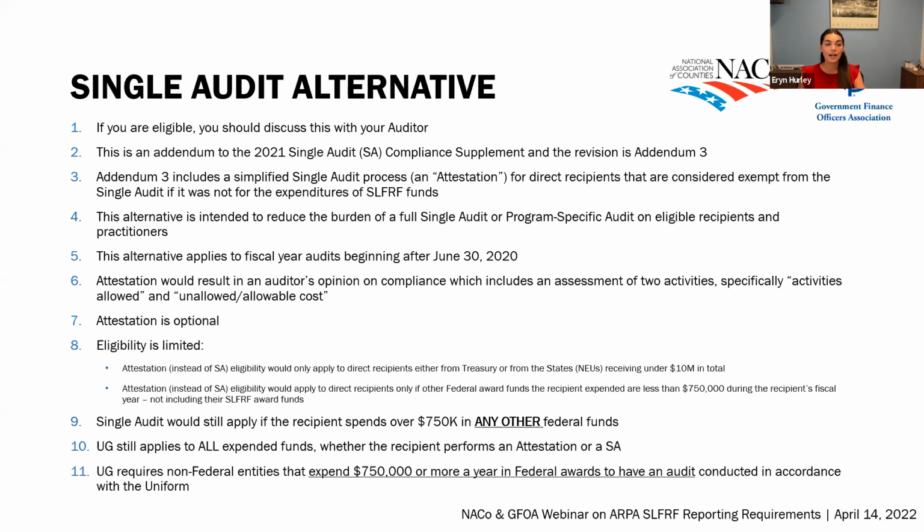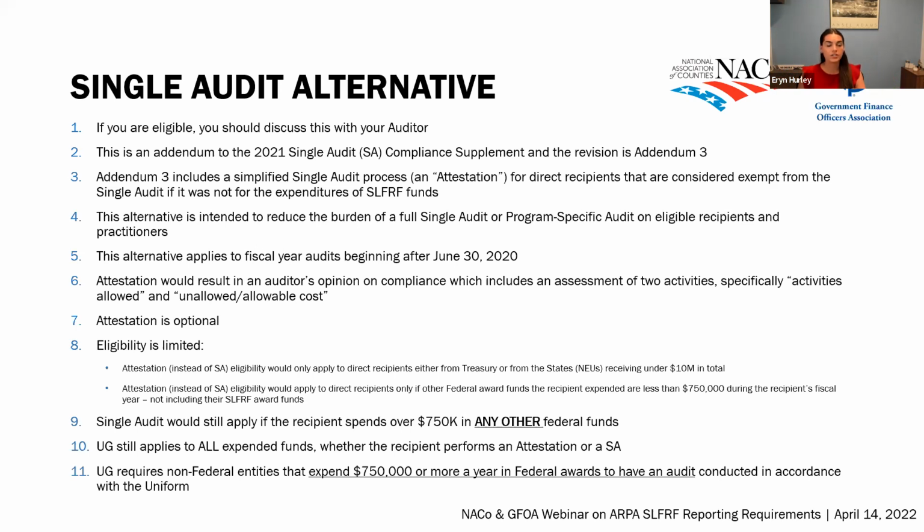The reason this alternative was provided is that it's intended to reduce administrative burden for recipients. I believe Emily knows the exact number, but it ultimately impacts around 10,000 entities. So again, it's a big change, and it's very, very beneficial to those recipients that are eligible.